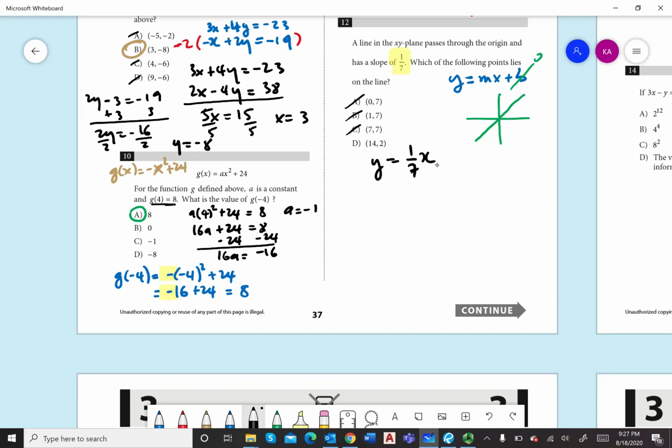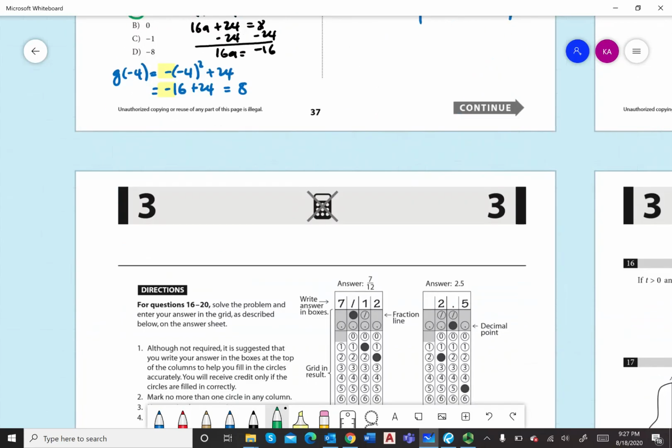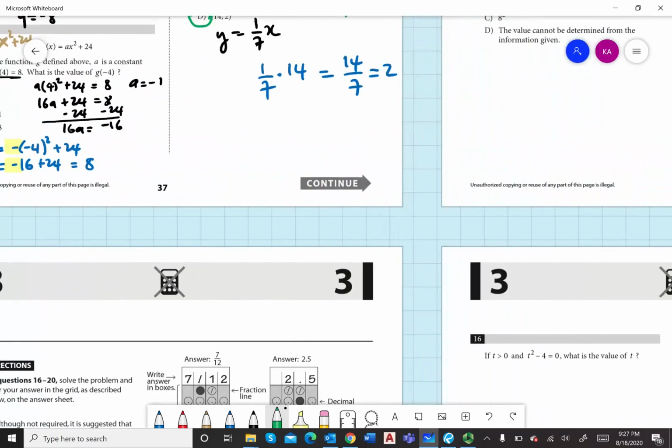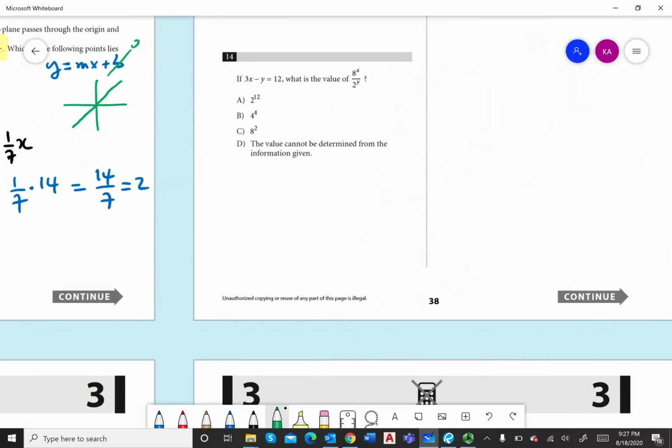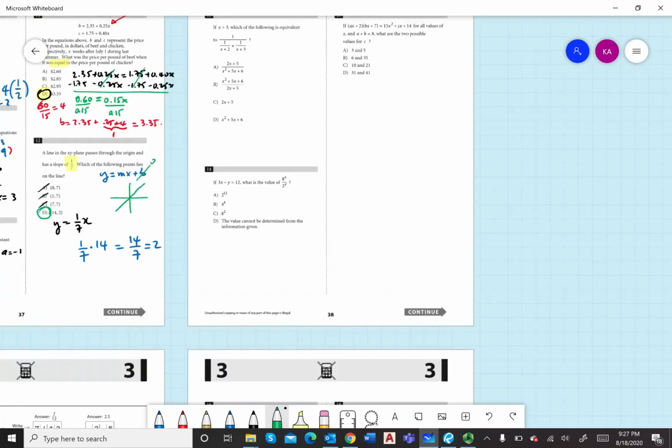Now, if you plug in 14, let me actually write this one. It would be 1/7 times 14, which is 14/7, which is 2, which is exactly what the y-intercept is. So the answer is D. Now we go to question number 13.